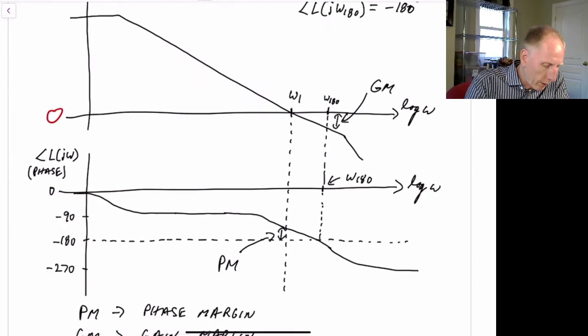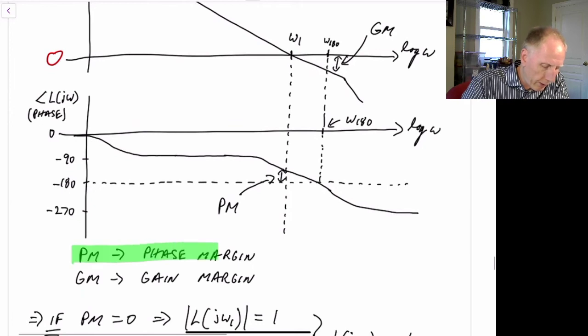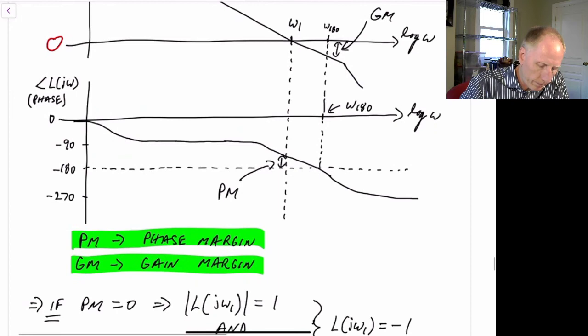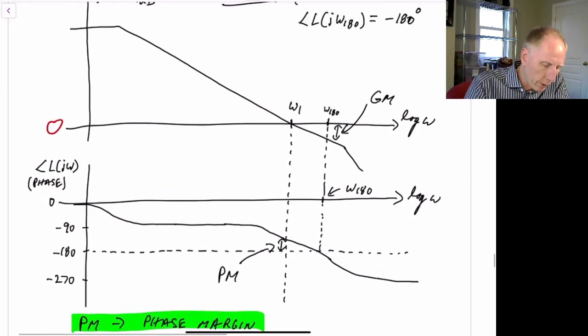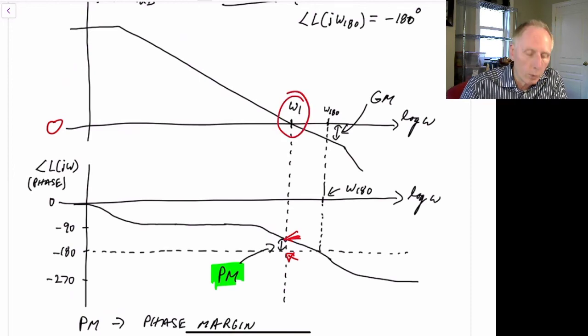If you notice, we plotted the phase here in degrees on the left-hand side. So we define something called phase margin and gain margin. The phase margin is given by the distance of the actual phase to minus 180. So it's how far away we are from minus 180 at the frequency where the loop gain is equal to 1.